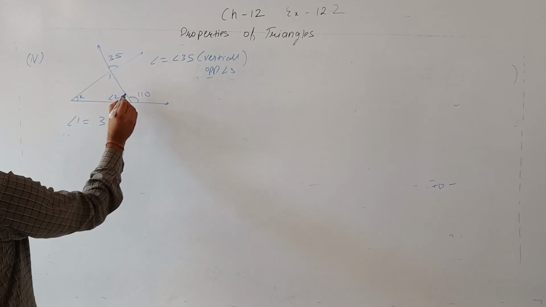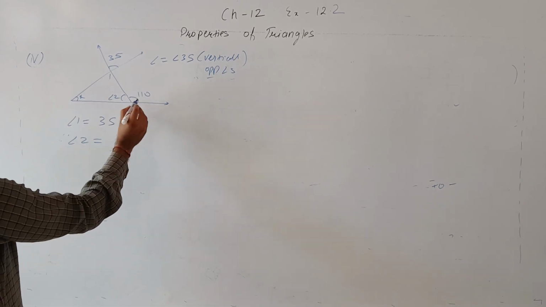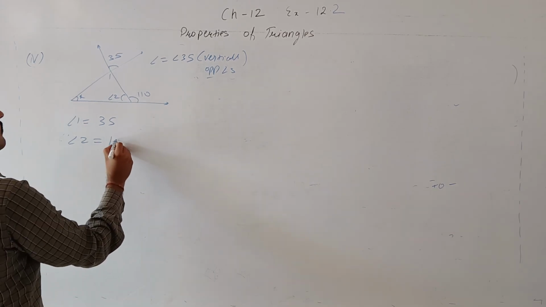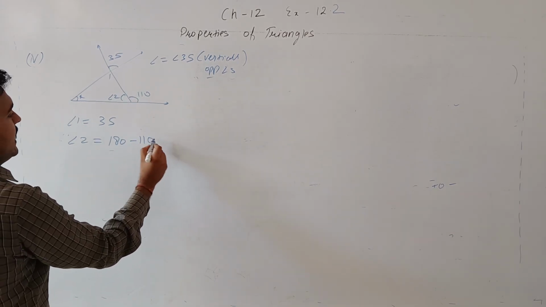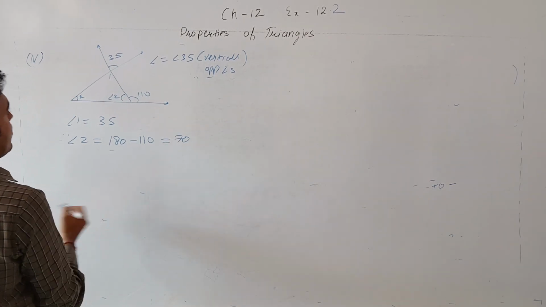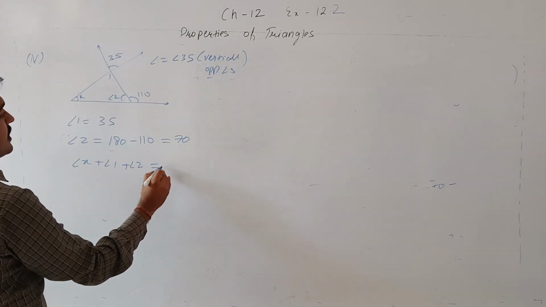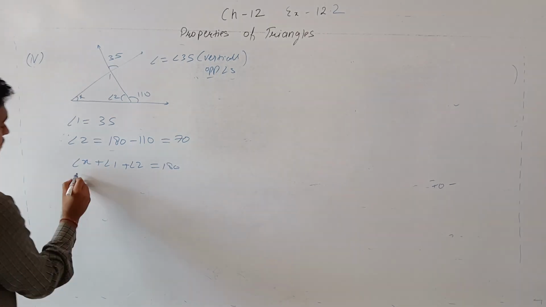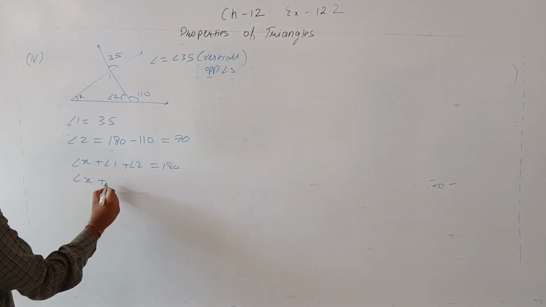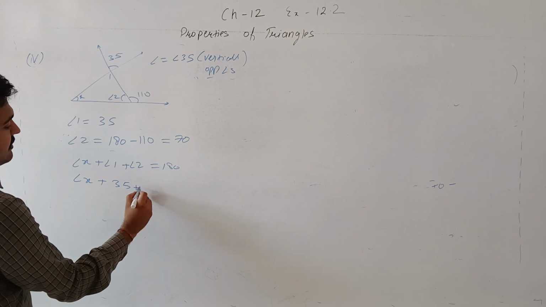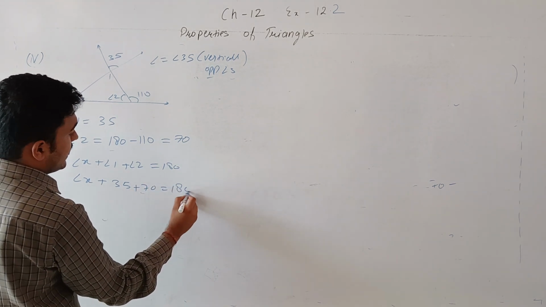Now this is angle 2. Angle 2 plus 110 is 180. Therefore, angle 2 is 180 minus 110, which is 70. Therefore, angle x plus angle 1 plus angle 2 is 180, so x plus 35 plus 70 is equal to 180.